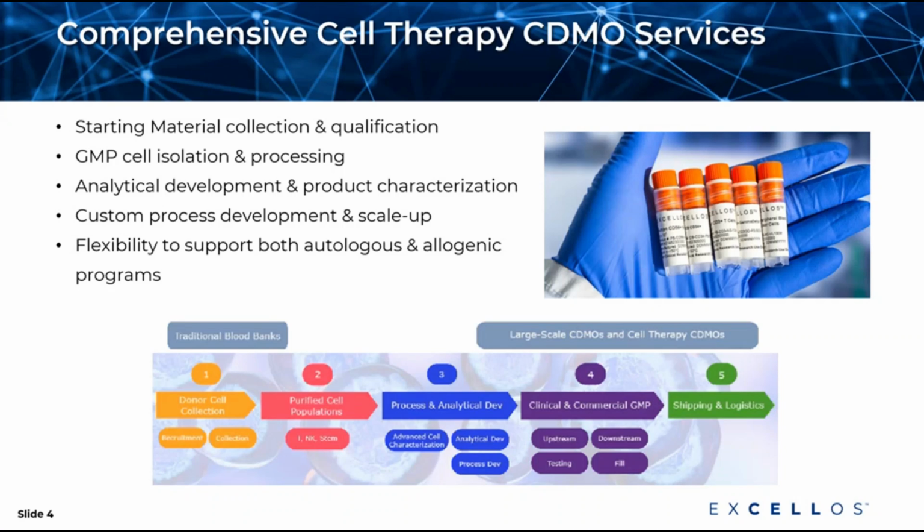And then the bulk of our organization really is focused on this full tier service from both process and analytical development scope. This allows tech transfer. We do scaling of different processes for CAR-Ts or other types of cell therapies. And we also are really invested in supporting both clinical phase 1 through 3 trials, as well as commercial manufacturing for GMP materials.